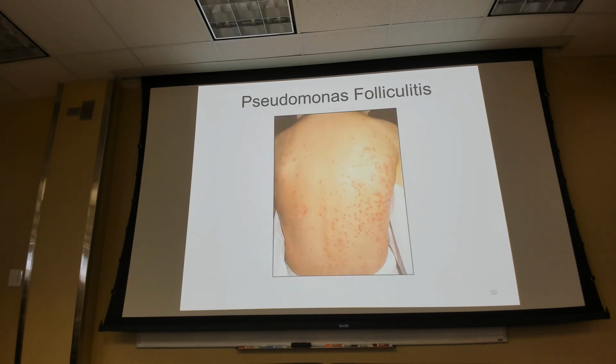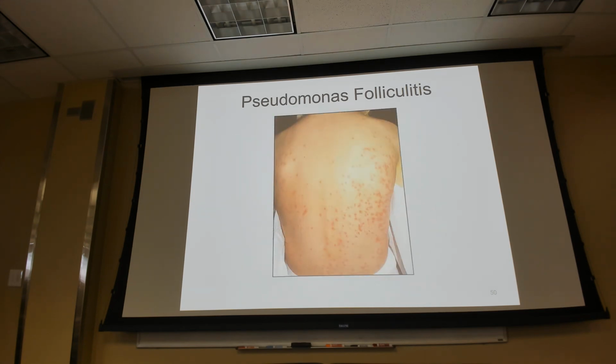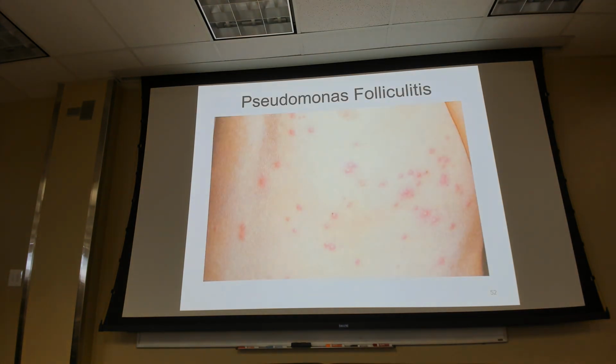That is more widespread, so I would use the Cipro. That one, not as much. That one looks like it's in 1 spot, so that would be us doing the acid.